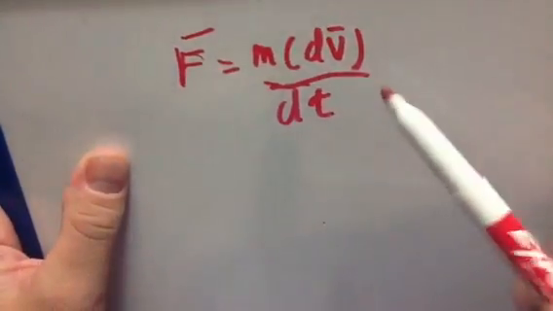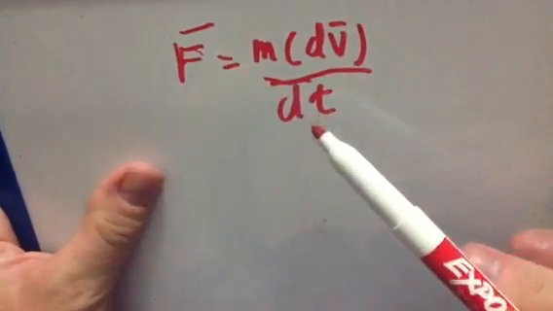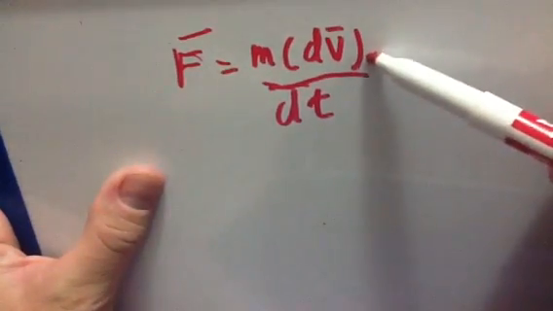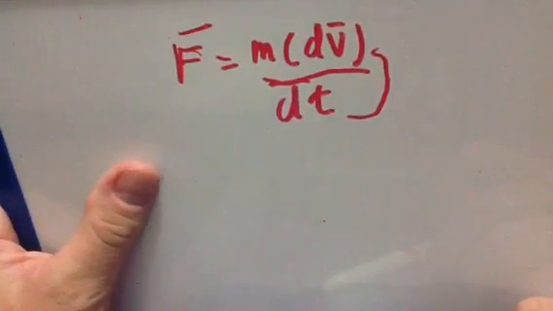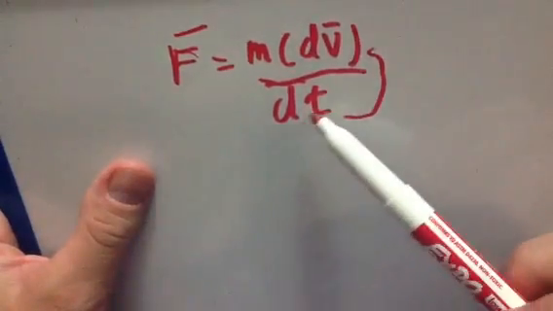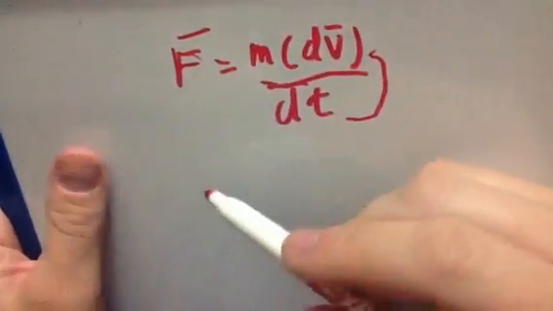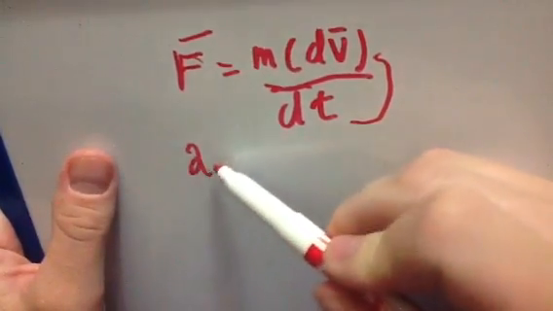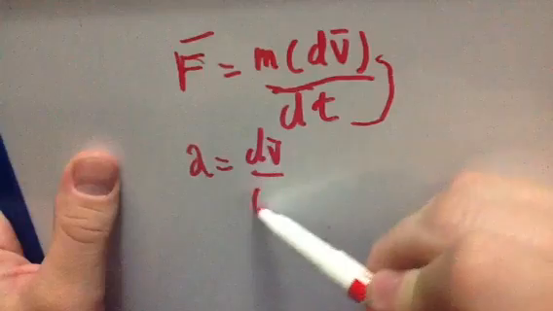So force equals the mass times the change in velocity with respect to time. And then I said, hey, what is a change in velocity with respect to time? What do we call that? The instantaneous change in velocity with respect to time. Well, that's nothing more than acceleration, right? So a equals dv over dt.